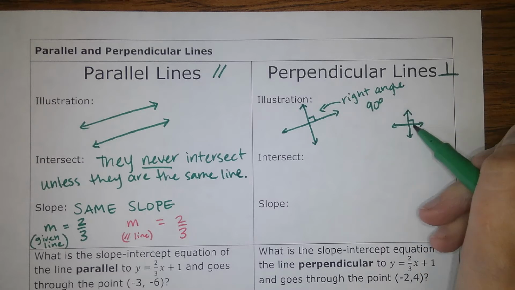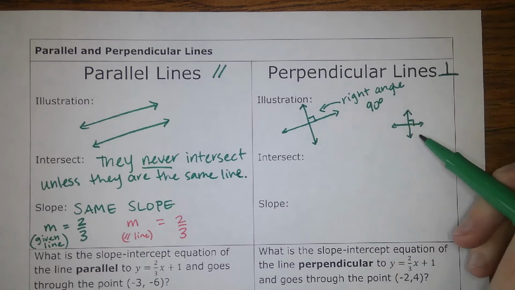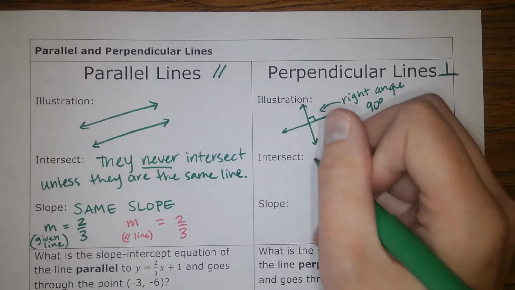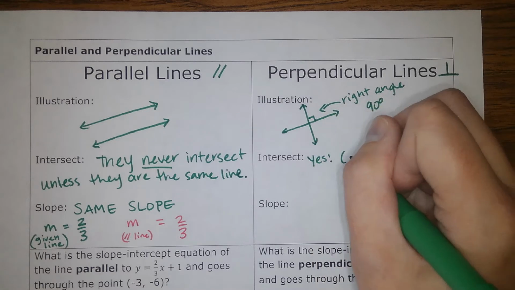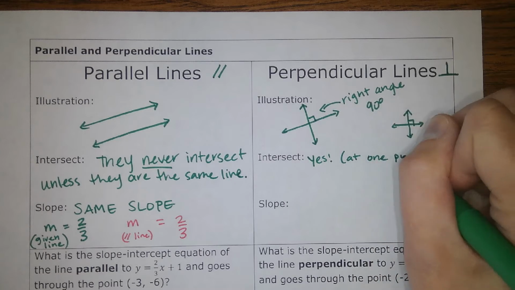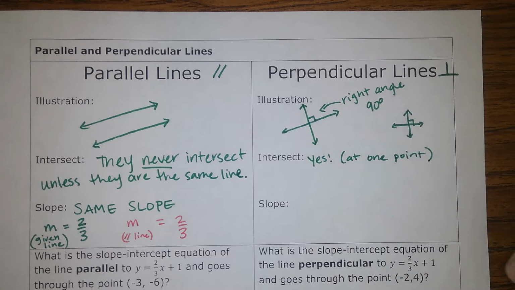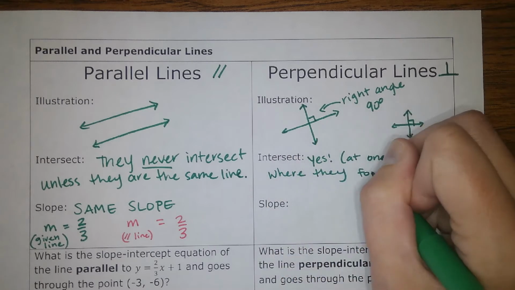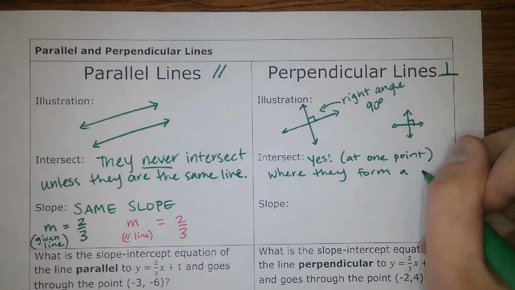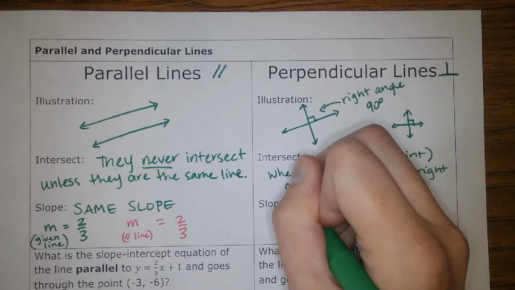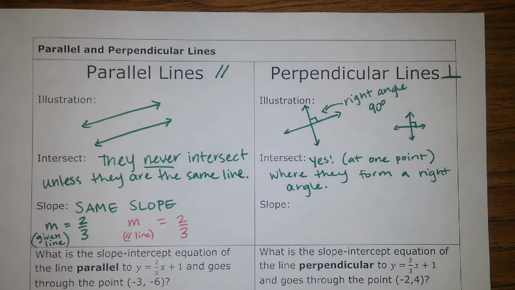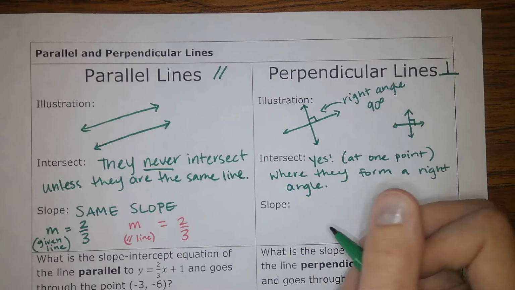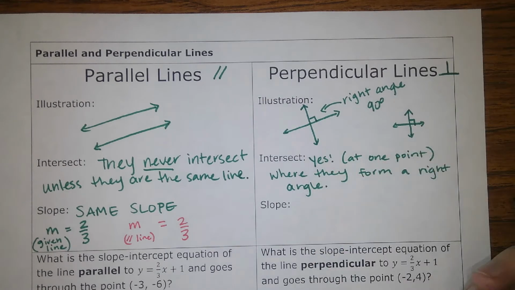As long as the angle between them is 90 degrees, then they are considered perpendicular lines. So yes, they intersect, and they just intersect at one point, all right? And this is where they form a right angle, okay?